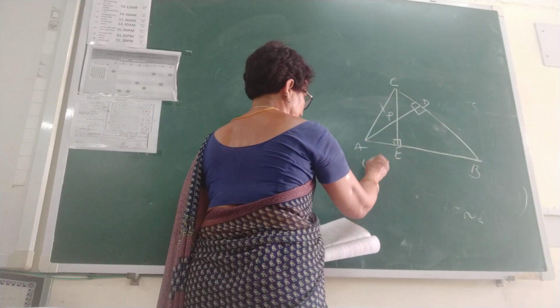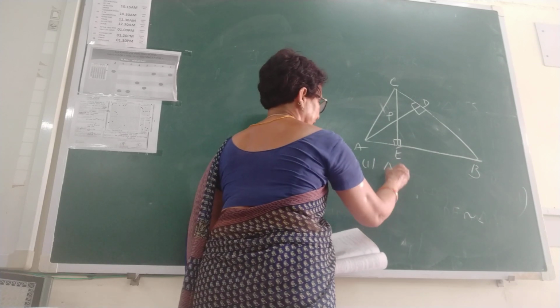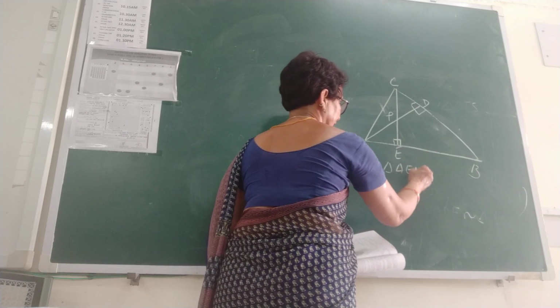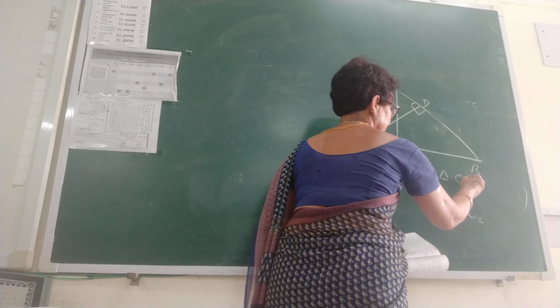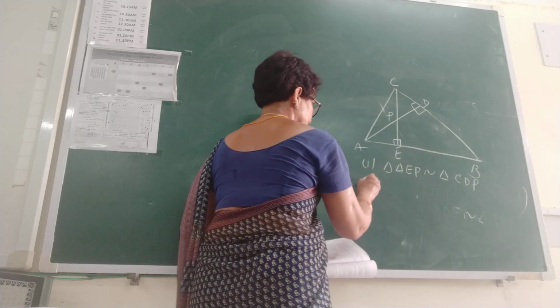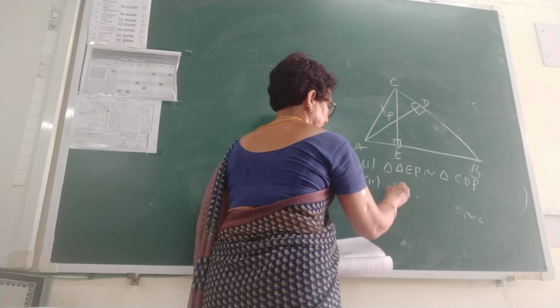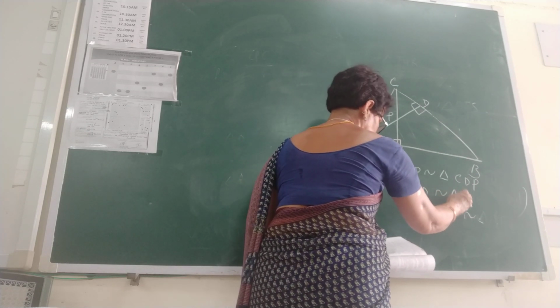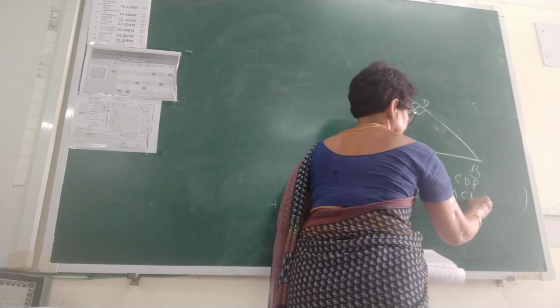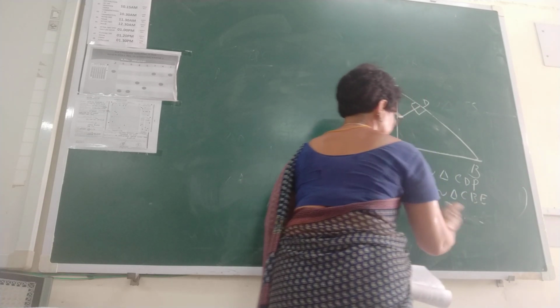What is the first one? Triangle AEP is similar to triangle CDP. Second one is triangle ABD is similar to triangle CBE.